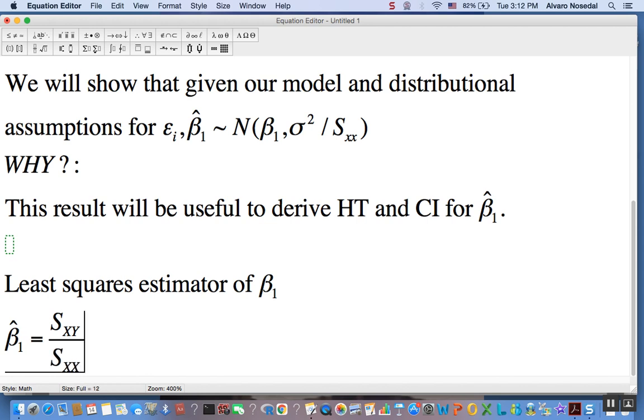Sxy divided by Sxx, and what we mean is just, in the case of the numerator, it's the sum of cross products of xi minus x bar times yi minus y bar. And in the case of the denominator, it's just the sum of the xi's minus x bar squared. Okay, so let me write it down here.